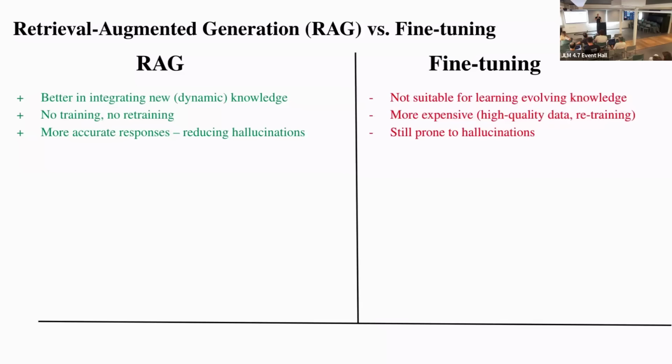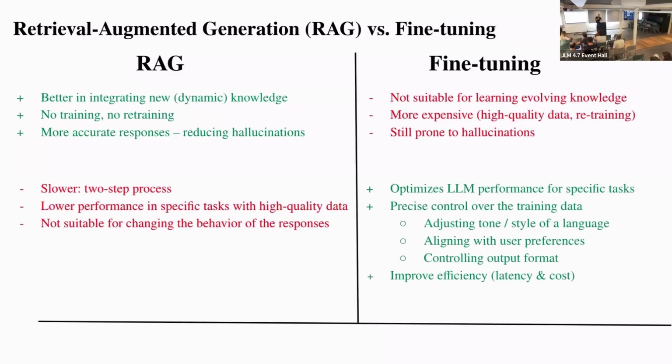On the other hand, fine-tuning is not suitable for learning evolving knowledge. If you have changes in the data, fine-tuning will be a problem. And fine-tuning is more expensive. We need high-quality data, and we need retraining from time to time. And it's still prone to hallucinations.